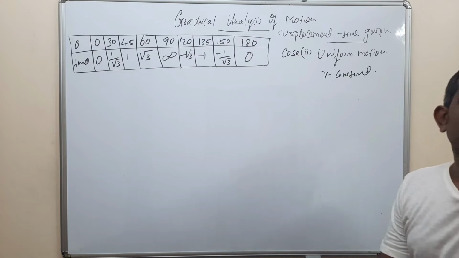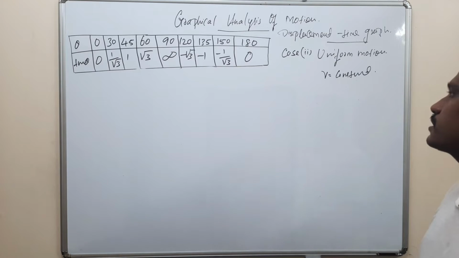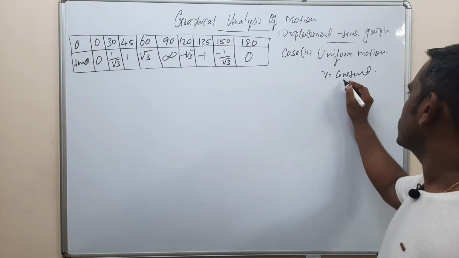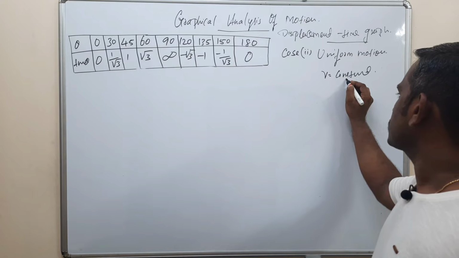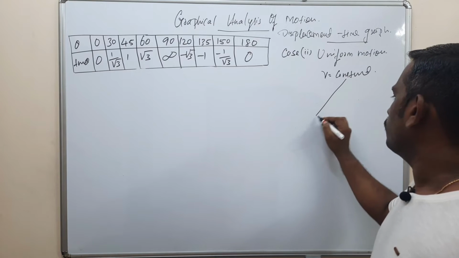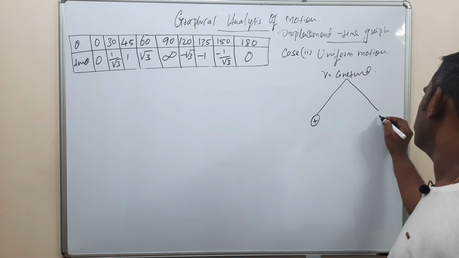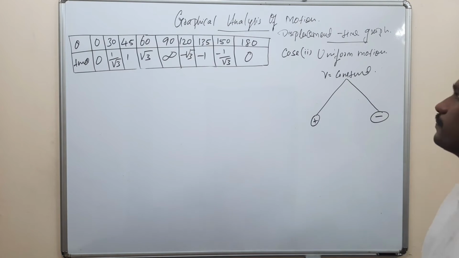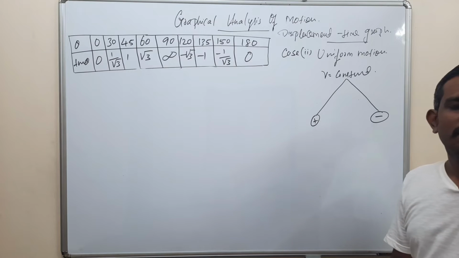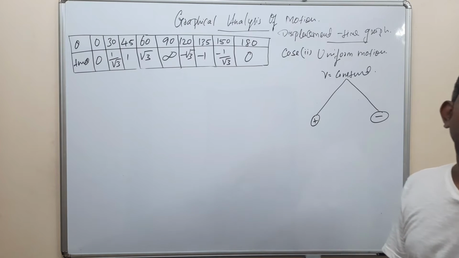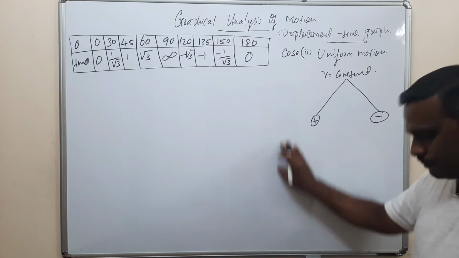In this case, we have two cases. Velocity constant means velocity may be positive or velocity may be negative.